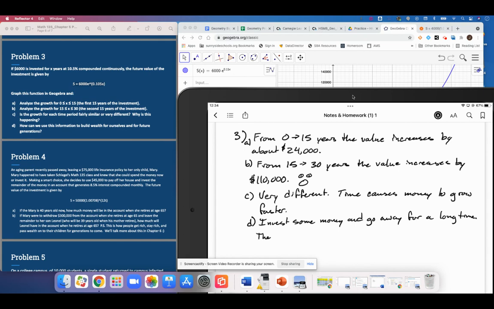The money will grow faster the longer it is invested. So that's going to be it for number 3.